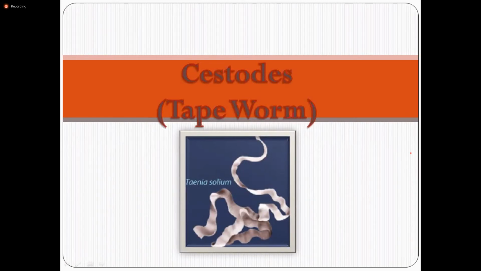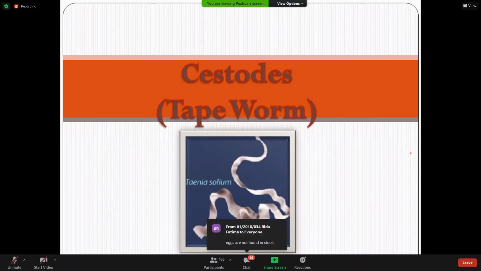As I told you in the beginning of the lecture, every worm has its particular style or characteristic. So that is particular for Enterobius. I don't know the exact reason, but this happens. So if you find it, you can share it with me.